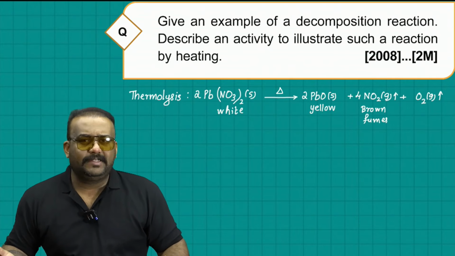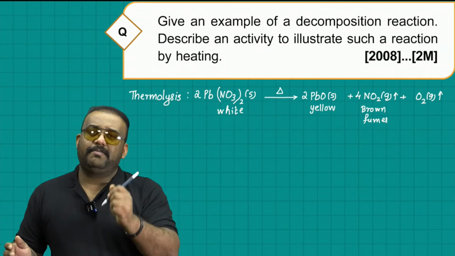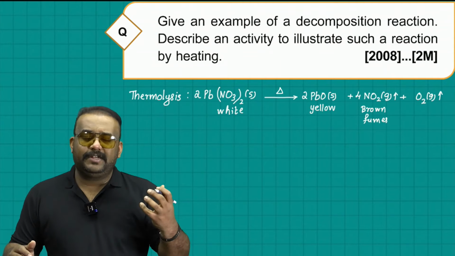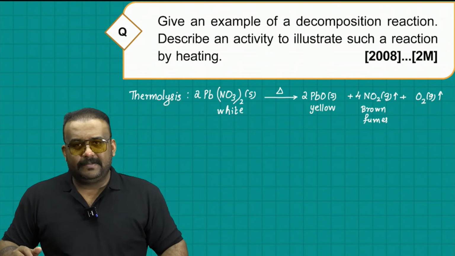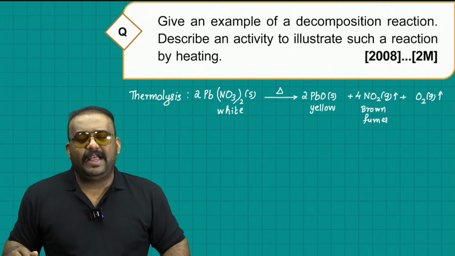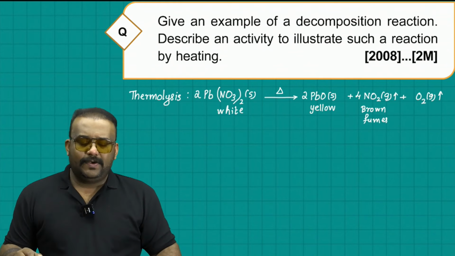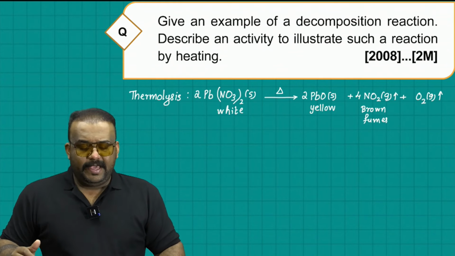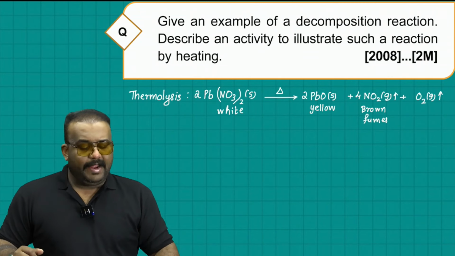Being a colorless gas, we can't see oxygen, but we can bring an ignited splint near the mouth of the tube, and the ignited splint will reignite, or it will burn, if it is oxygen gas. Like this, you can draft your answer as an activity there. Okay, so this is the way how you answer this particular question.